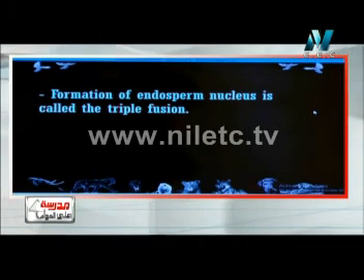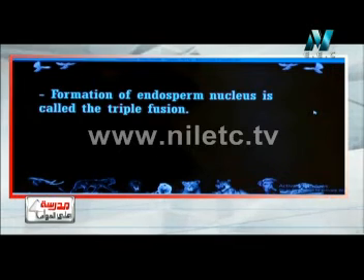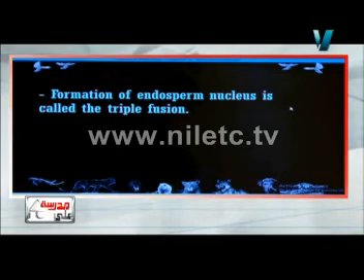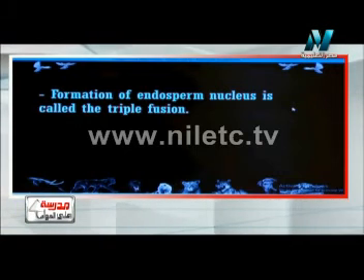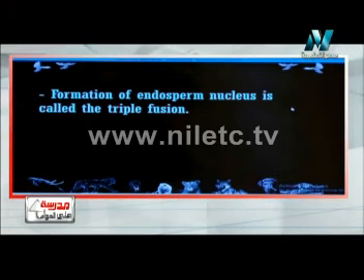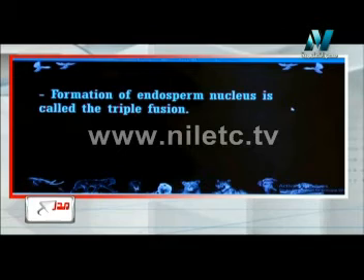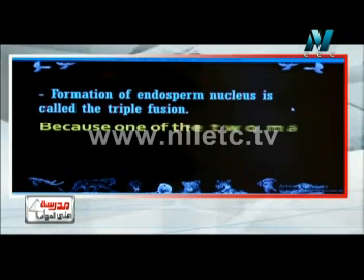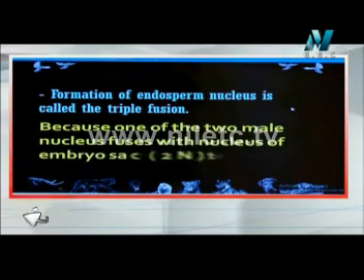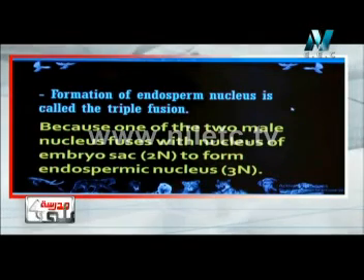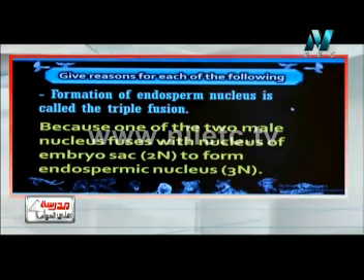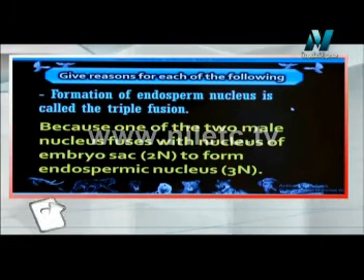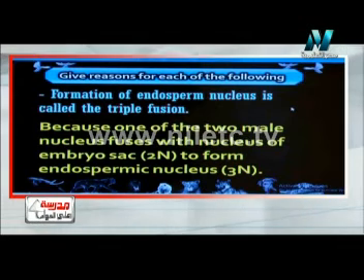The formation of the endosperm nucleus is called the triple fusion. Triple fusion means 3N: fusion between one of the two male nuclei of the pollen grain and the two embryo sac nuclei, which forms the endosperm, acting as 3N triploid cells.